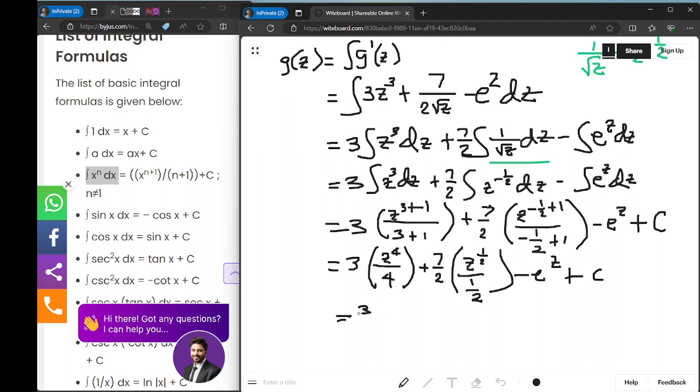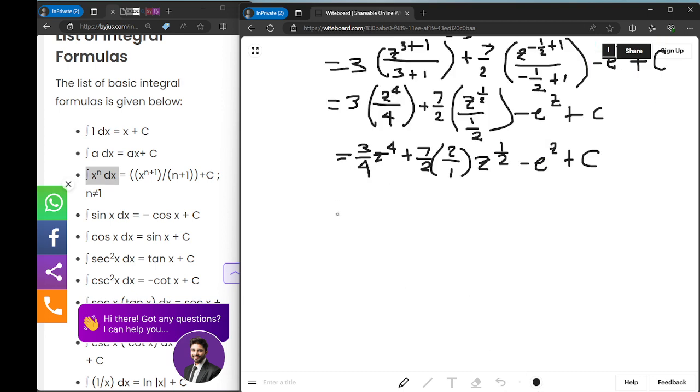So this is 3 fourths times z to the fourth plus 7 over 2 times, if it's in the denominator and we want to transfer it to the numerator, we reverse the fraction. So this will become 2 over 1, or just 2, times z to the 1 half minus e to the z plus c.